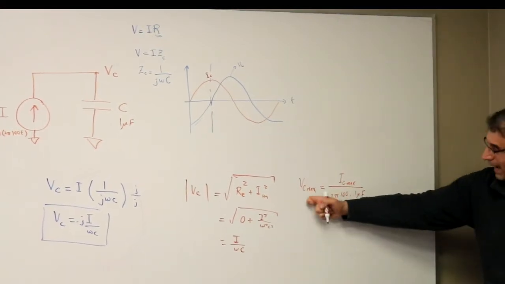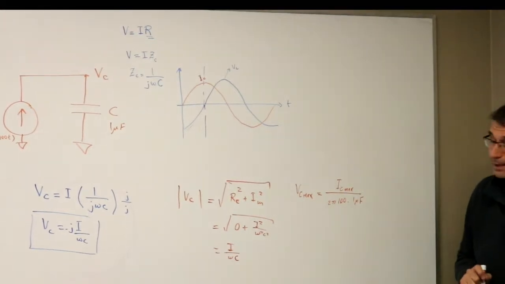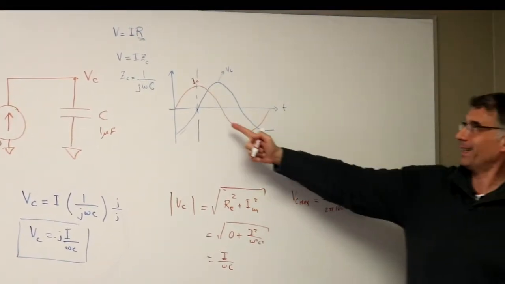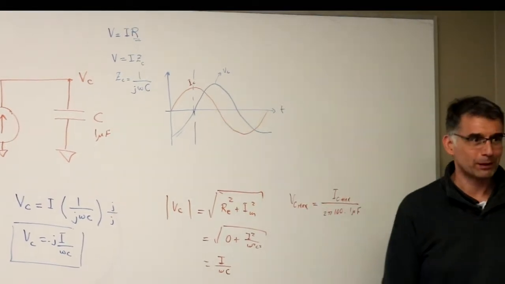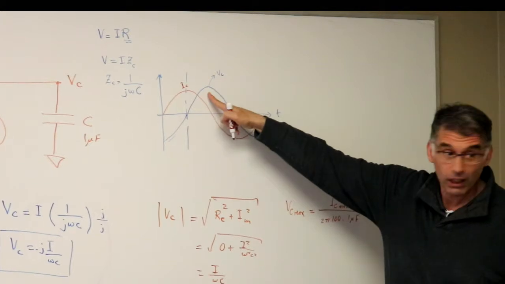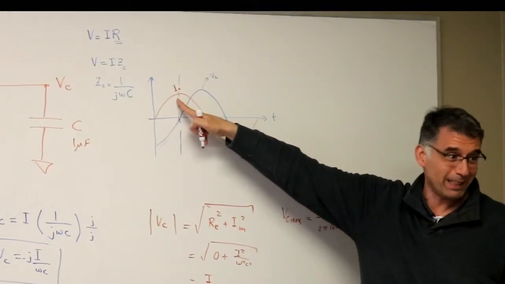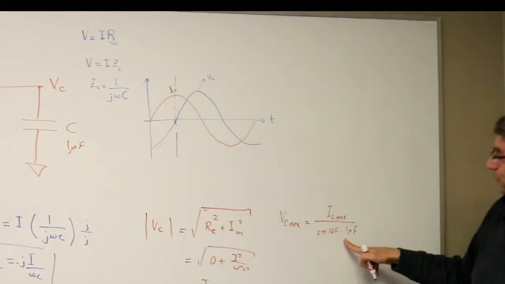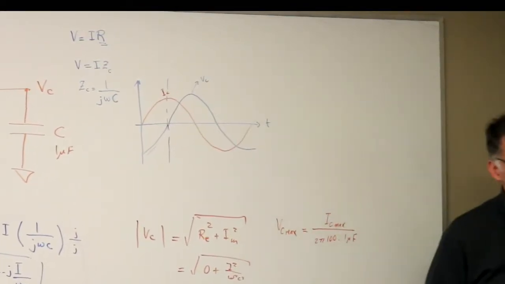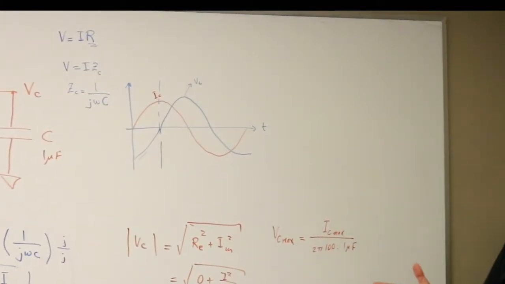Maximum voltage using maximum current, which intuitively, when you look at the waveform, you go, what? To find this maximum voltage, I take the maximum current, I make that measurement, then I put it in this formula, and that's going to give me the maximum voltage over here. Weird. So why is that?